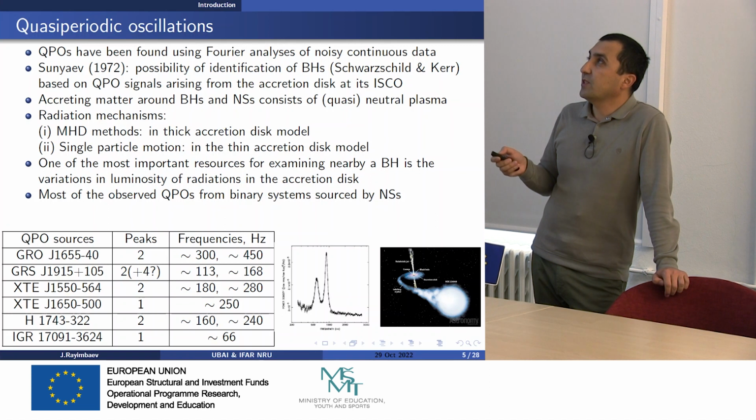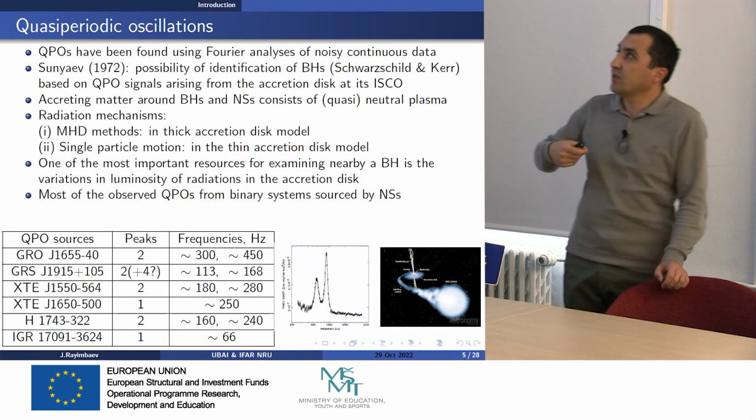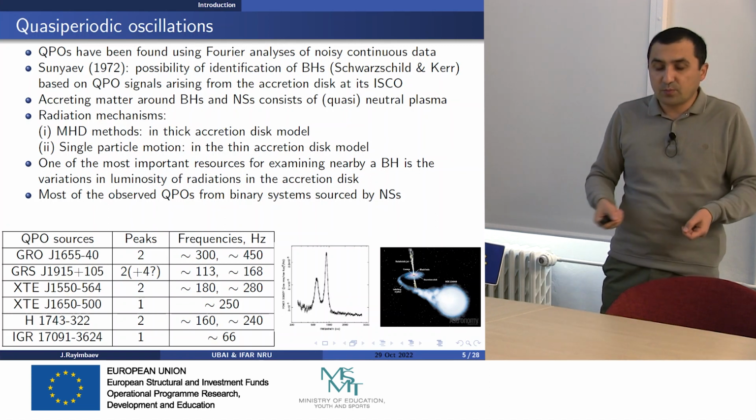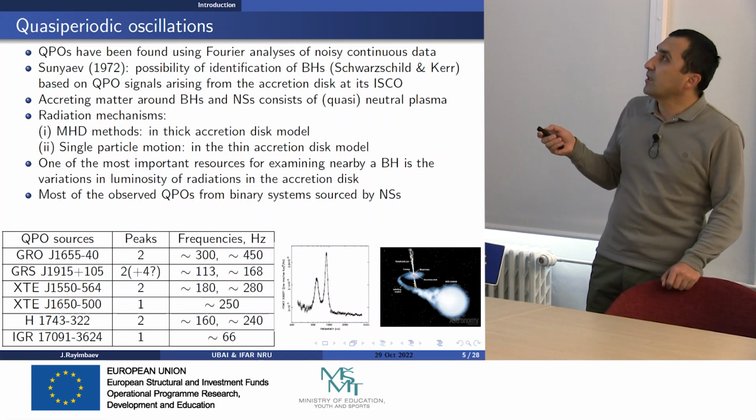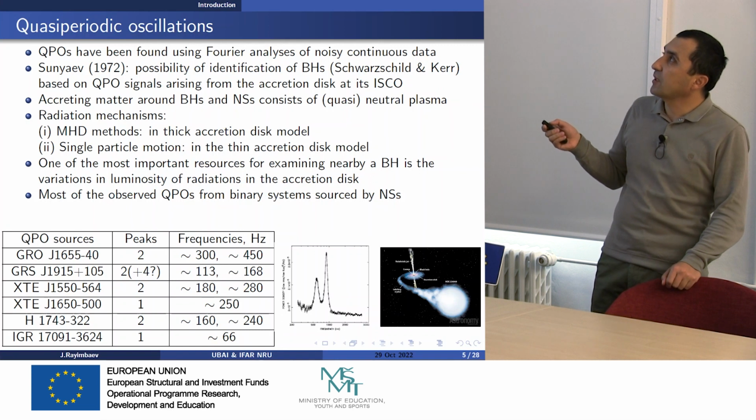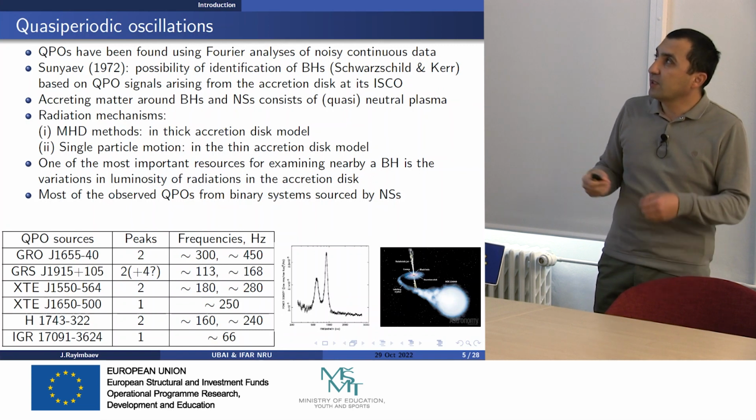for the first time, Rashid Sunyaev suggested a possible way to identify the spacetime of Schwarzschild and Kerr black holes.